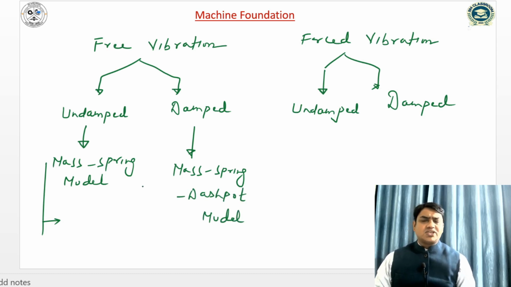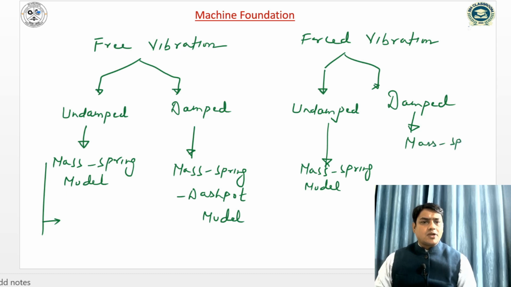Means in these two cases our external force will be zero, mass spring model or mass spring dashpot model. Similarly here, in the undamped case, the mass spring model, and in the damped case, the mass spring dashpot model.